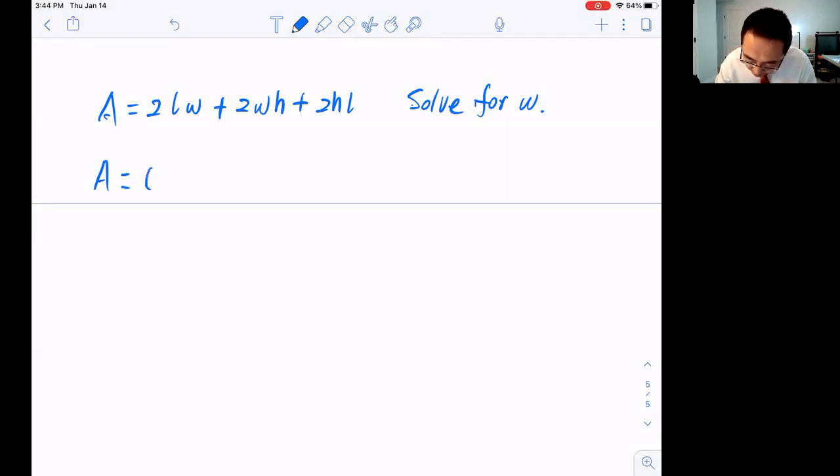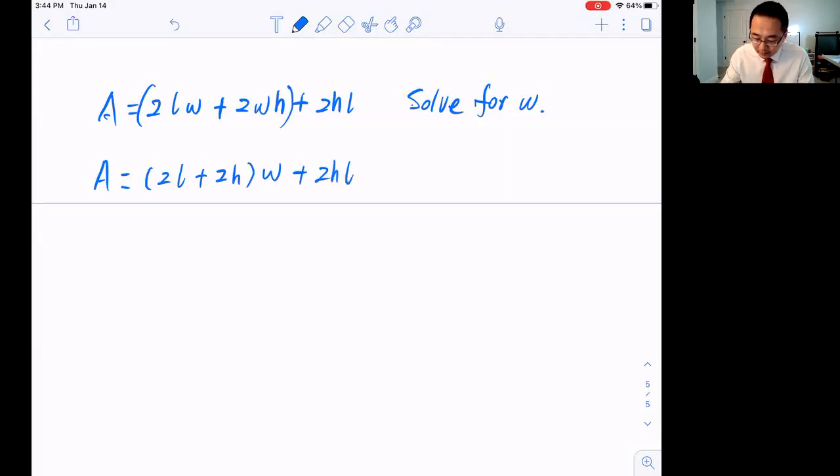This becomes 2L plus 2H times W, because you combine these two terms and pull W out as a common factor. Everybody with me? And then plus 2HL.